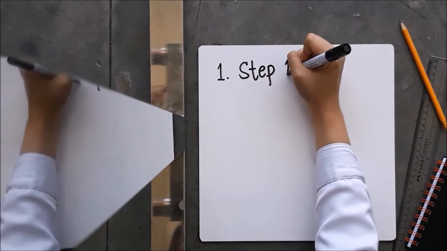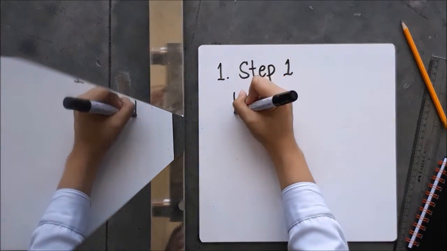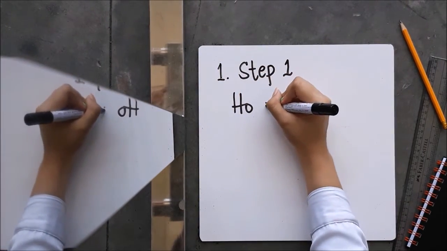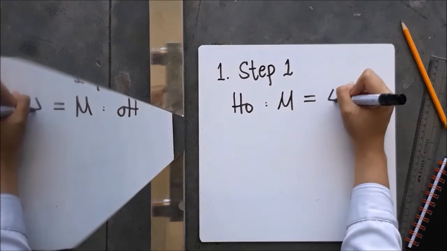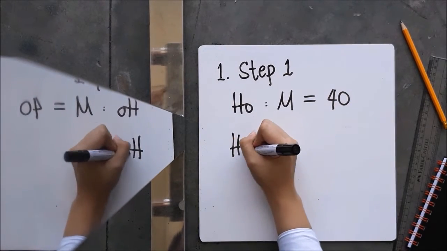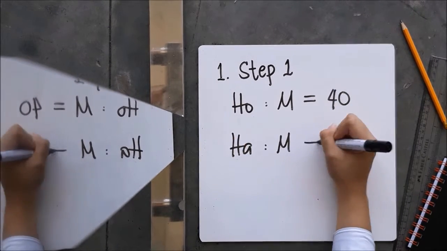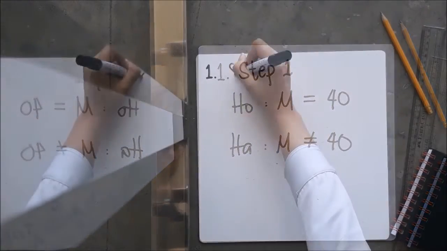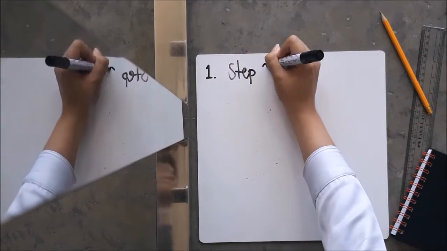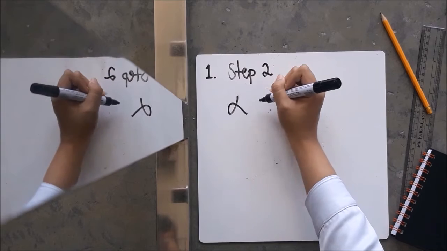Step 1 is to define the hypothesis. H0: mean is equal to 40, and HA: mean is not equal to 40. Step 2 is to state the alpha.